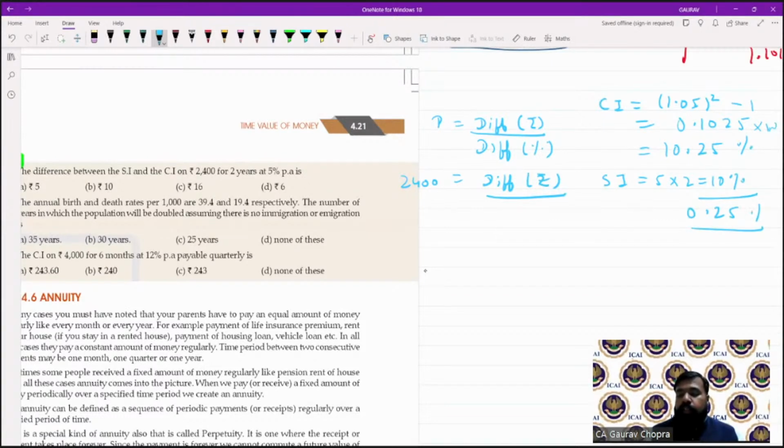So difference will be 0.25%. Now substitute the value. So 2400 multiplied by 0.25%. You will get rupees 6. So this is the difference in simple and compound interest in terms of rupees.